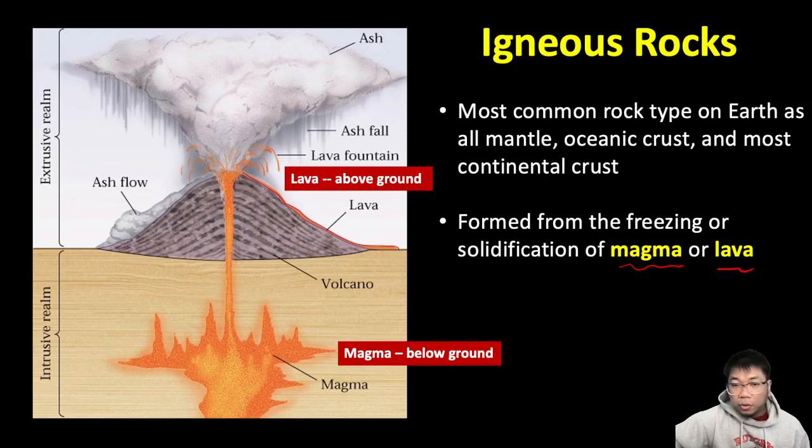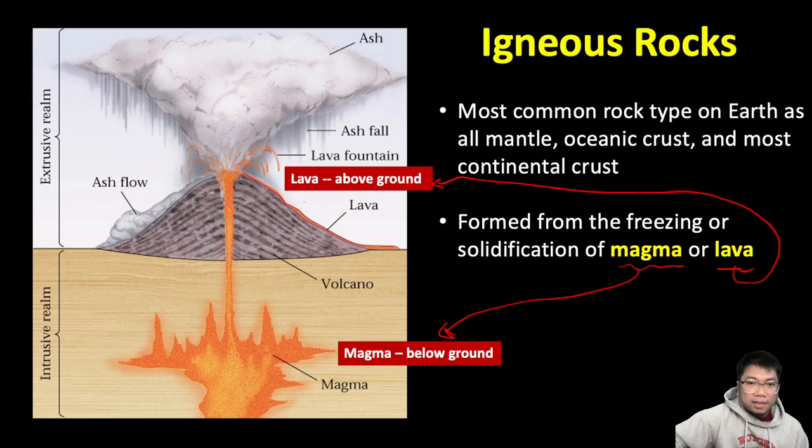Both refer to molten rocks or liquid rocks, but the main difference is that magma is molten rock that is still below the ground, whereas lava is molten rock that already reaches the surface of the earth. So again, magma is still below the ground, lava is already above the ground.